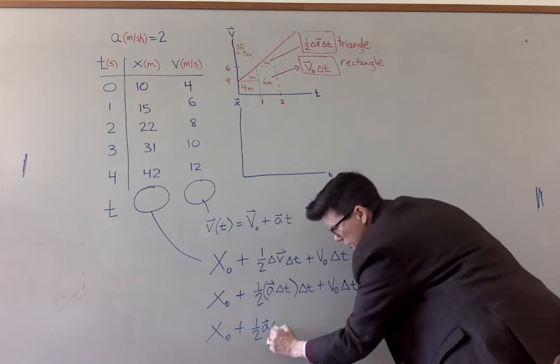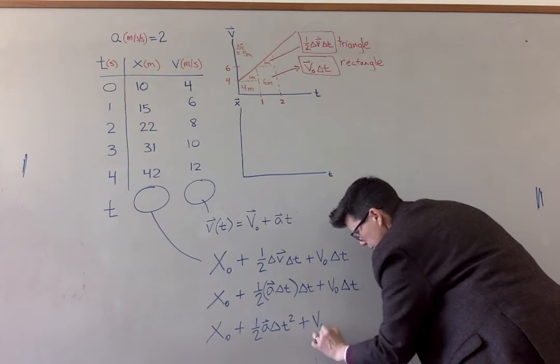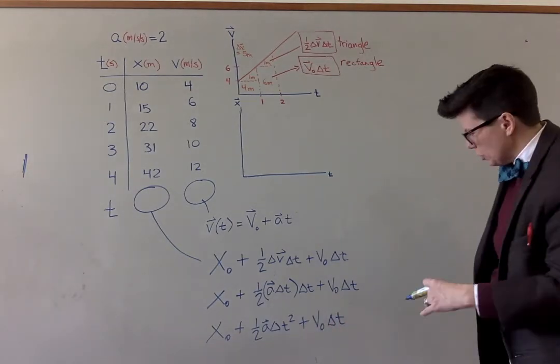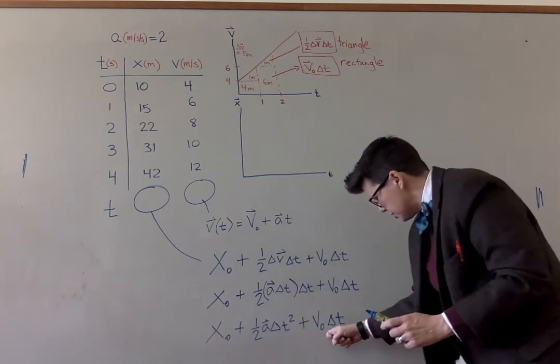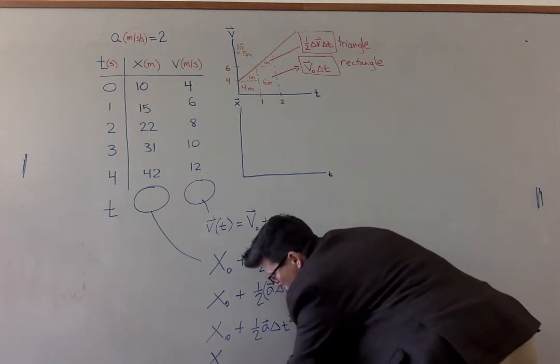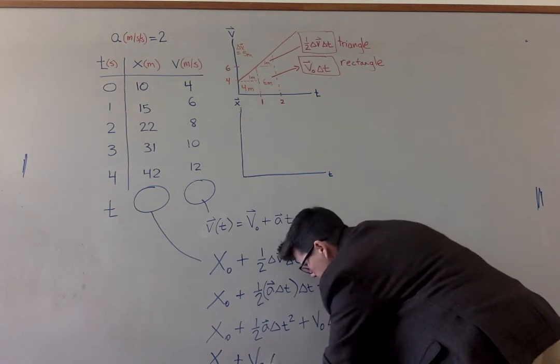Delta t times delta t squared. I want to reorder these terms because I put them together in kind of an awkward order. This is an initial condition, this is an initial condition. Let's put them together, just reorder the order of the addition.